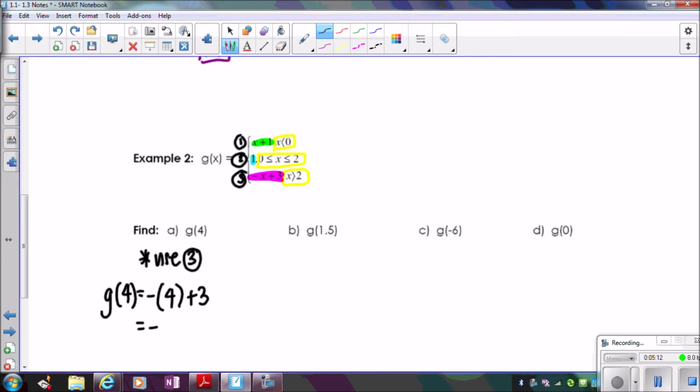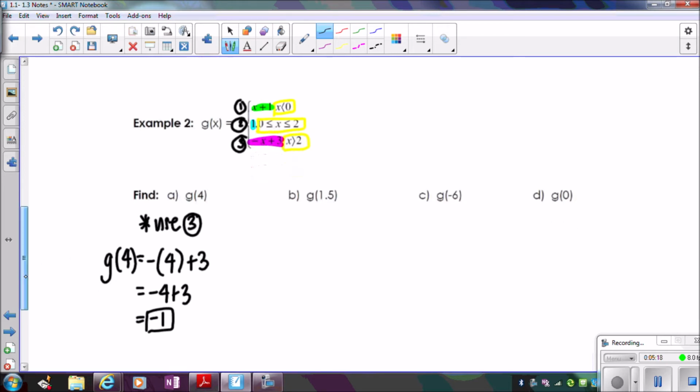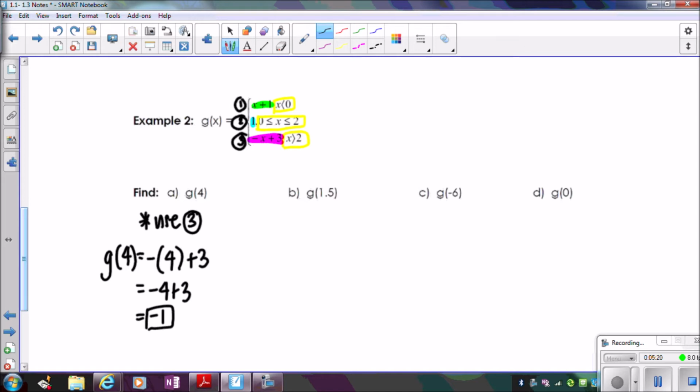This ends up being negative 4 plus 3, so we get negative 1. Look at the next one here, 1.5. 1.5 is between 0 and 2, so that means it's in category 2. We're going to use part number 2.